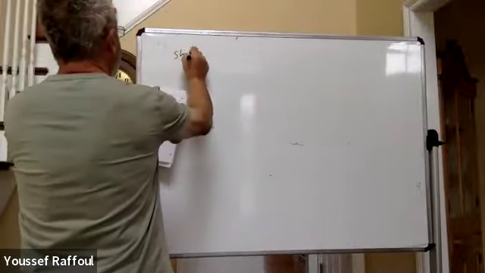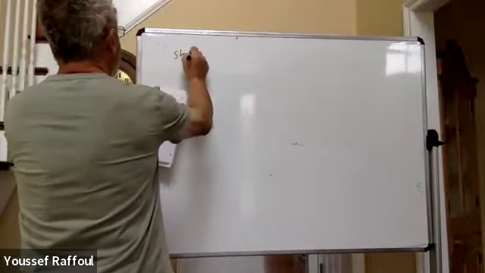So the 0 becomes 1, the 1 becomes 2, the 2 becomes a 3, the 3 becomes 4, the 4 becomes 5.